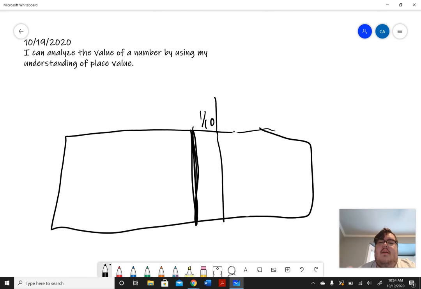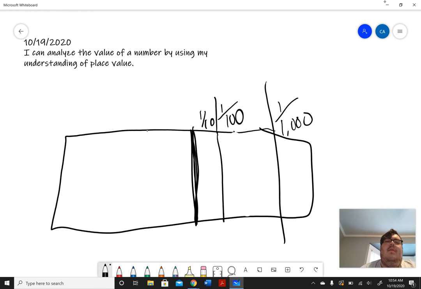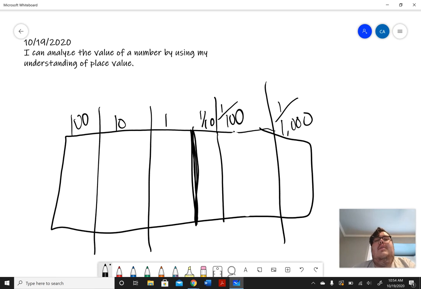That's not going to work. There we go. Hundredths, thousandths, ones, tens, hundreds.